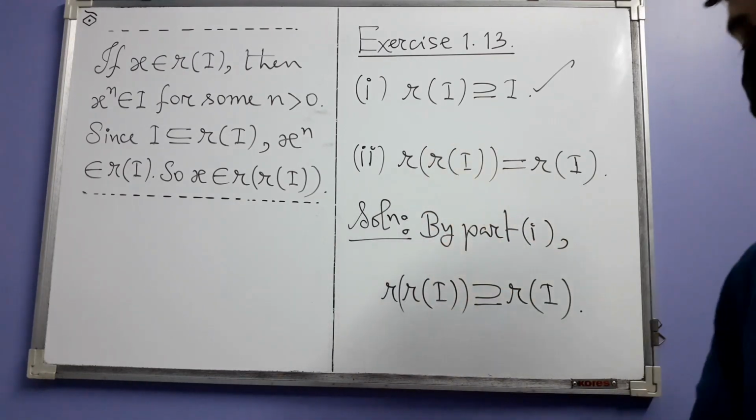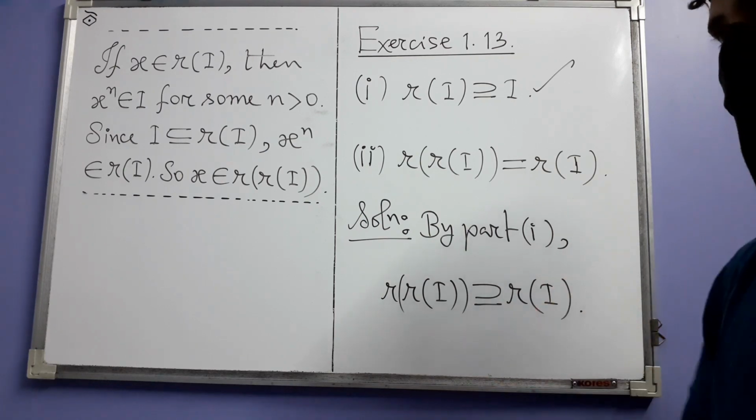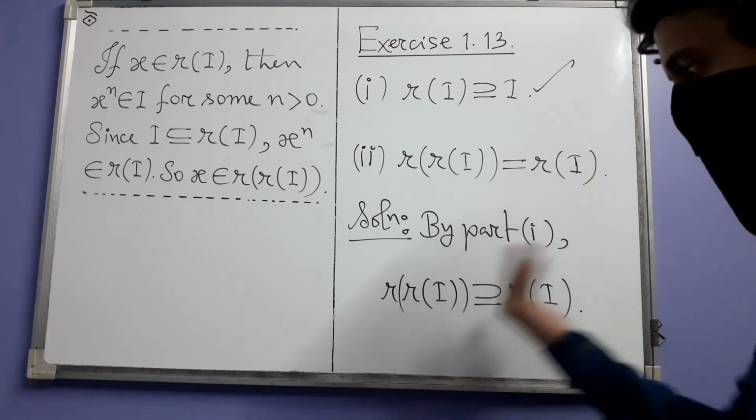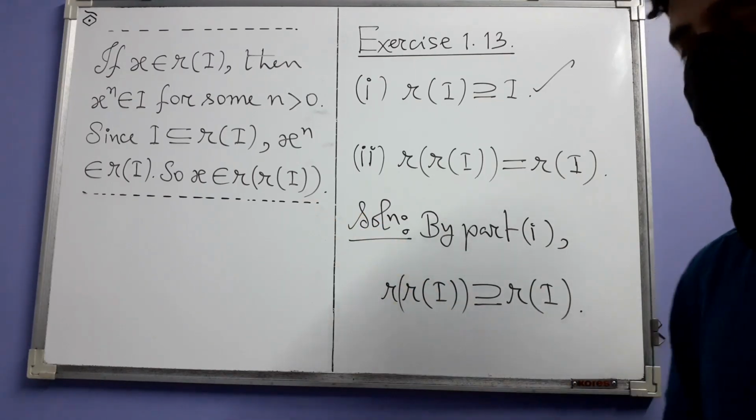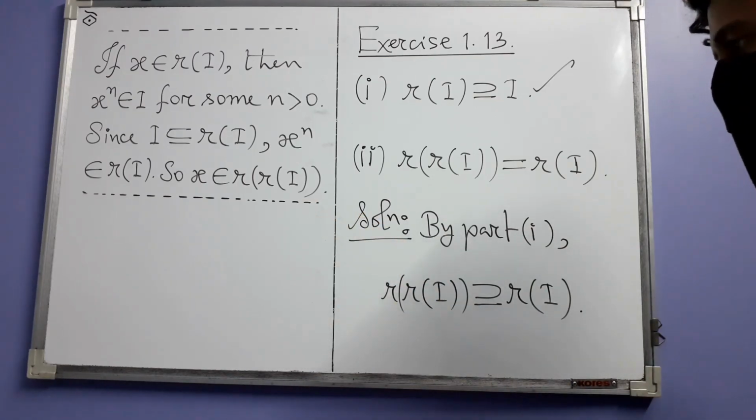So that's one containment. Now next let us go for the second one. The second one, the opposite containment, unfortunately won't really instantly come like this. But anyway, let's go for it.